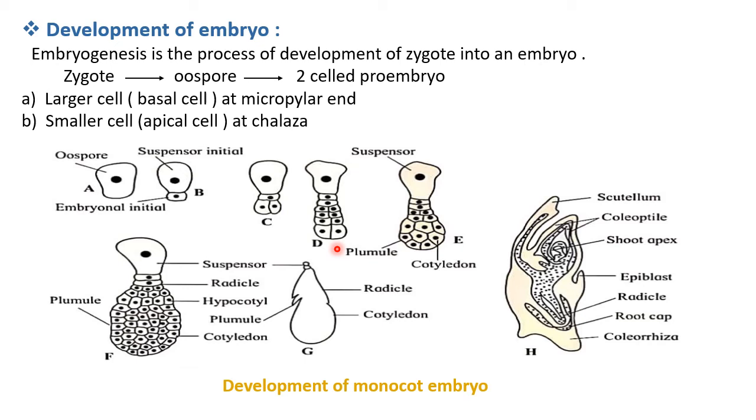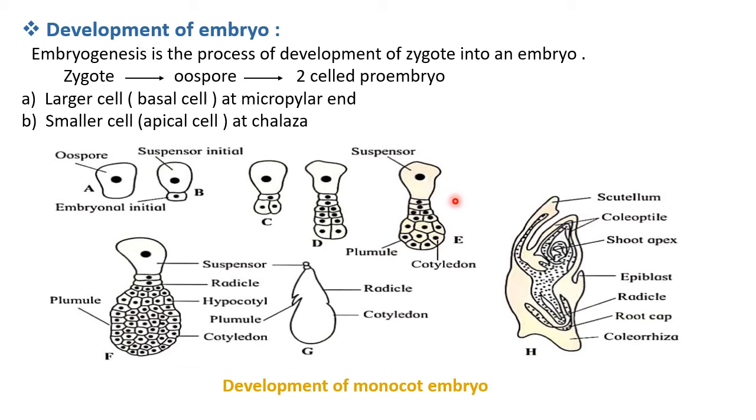In the E diagram, we see the suspensor cell has divided and it produces suspensor. The first cell of the suspensor towards the micropylar end becomes swollen and enlarged in size and functions as haustorium.